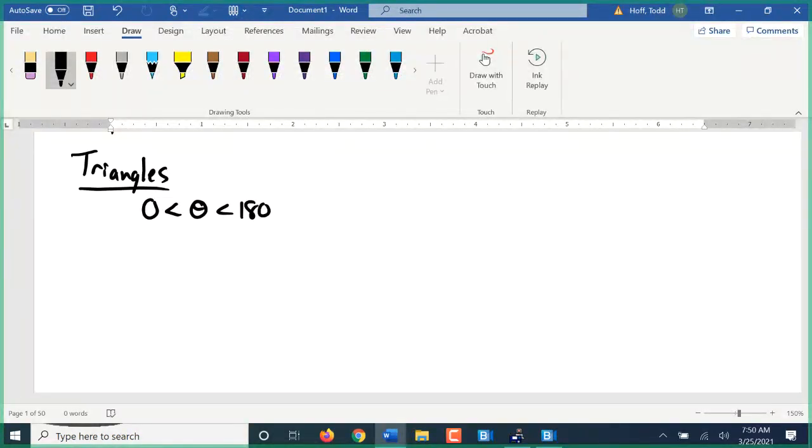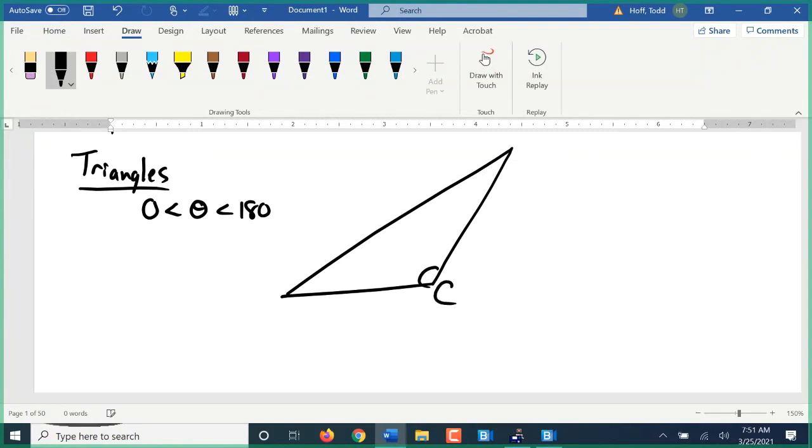But now with that said, if I have a triangle like this, A, B, and C, not a right triangle, but our trigonometry still applies to an oblique triangle.